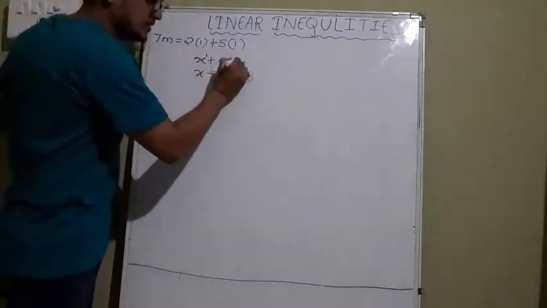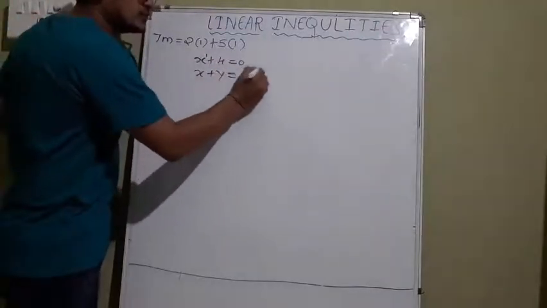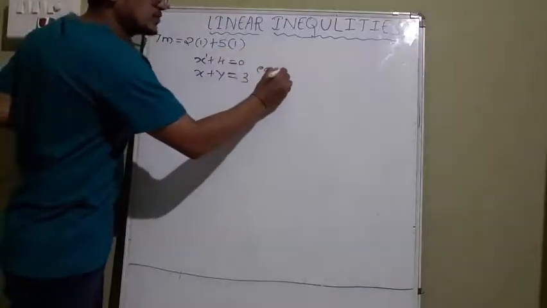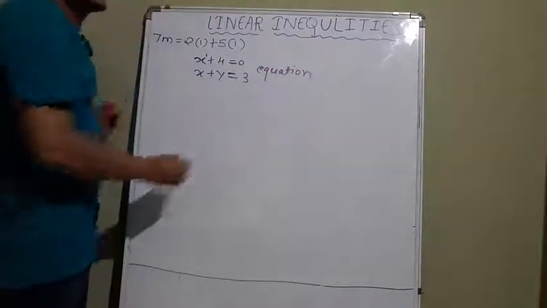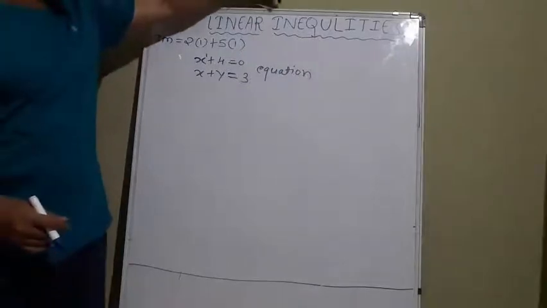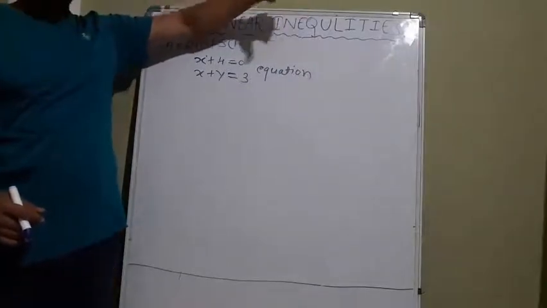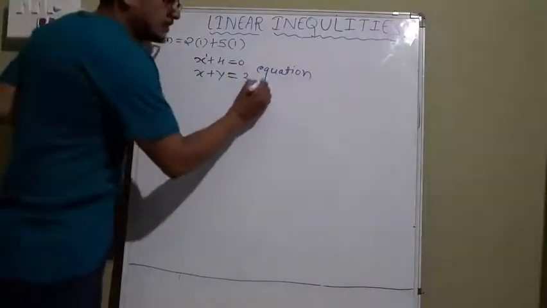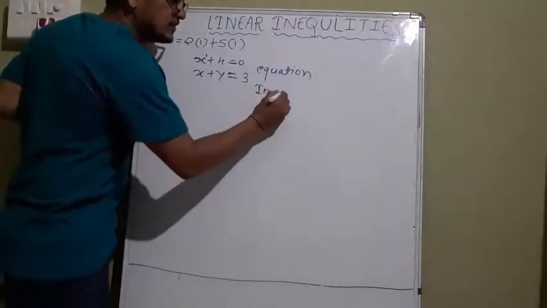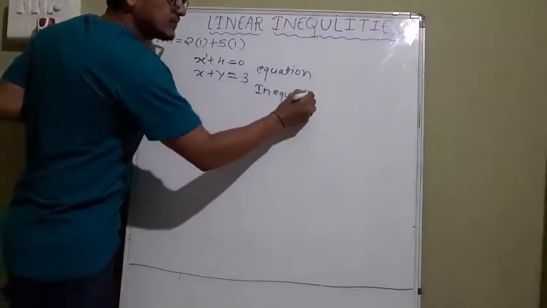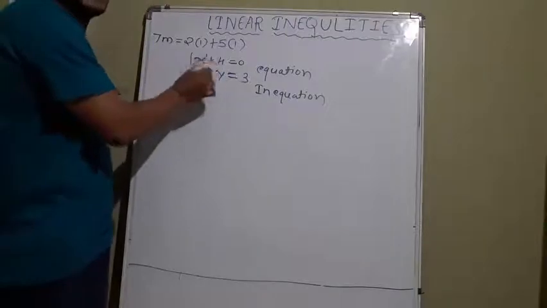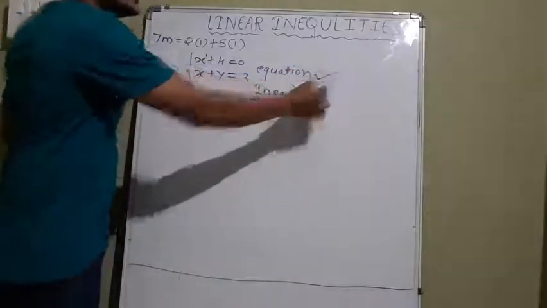See, I have the equal sign here, so these expressions are called equations. The meaning of inequation and equation is slightly different. There is a difference between inequation and equation. Whatever I have written here, these two expressions, are called equations.